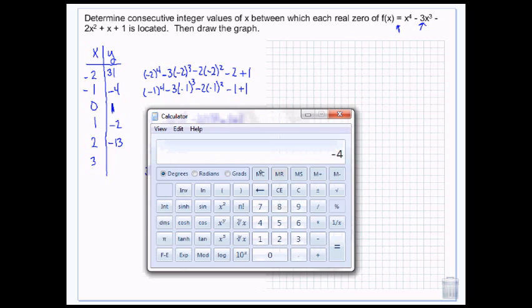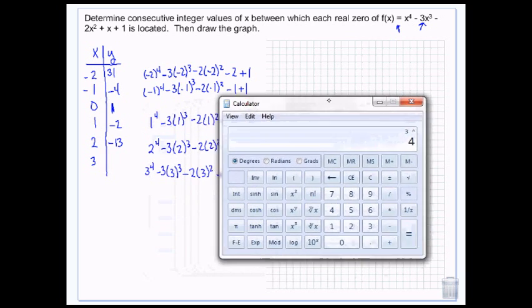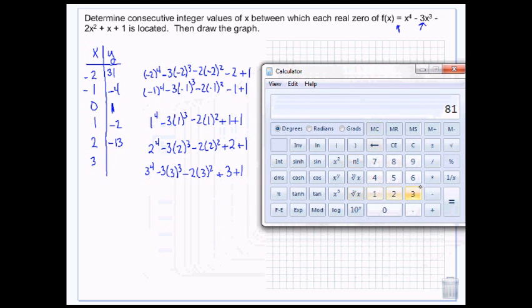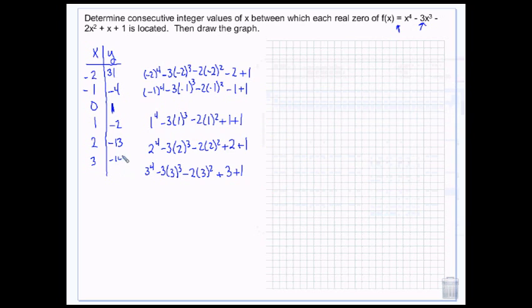Okay, so the 81 minus 81, okay, minus 18 plus 3 plus 1, so that's negative 14.